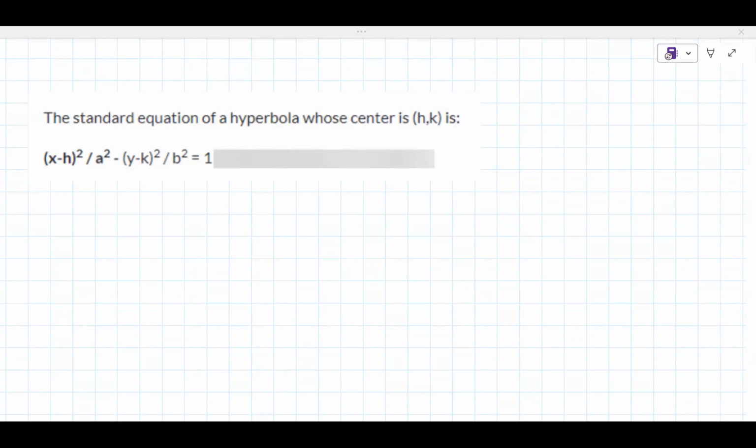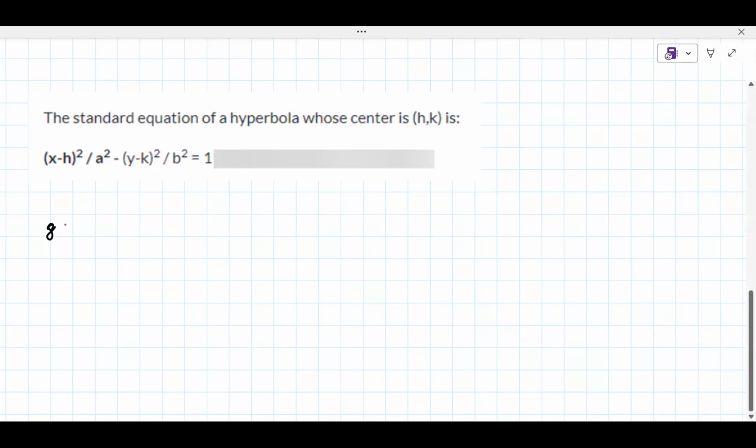When it's in this form, which way does this one open? Okay, I believe this form opens left and right.